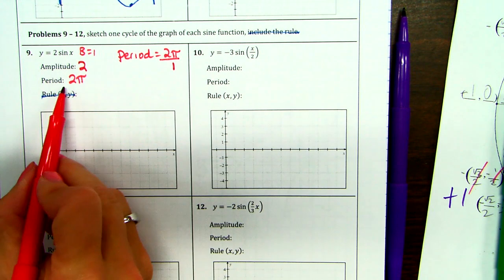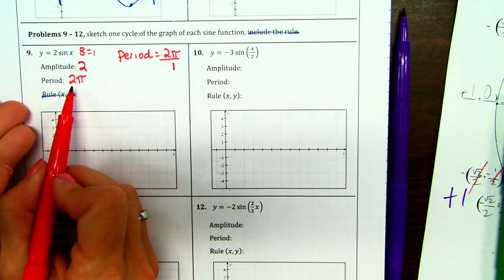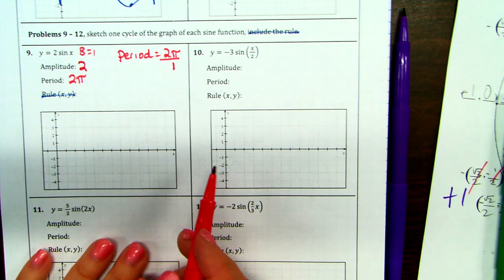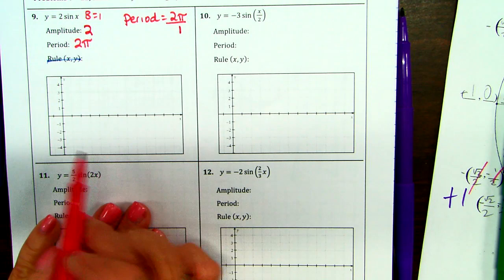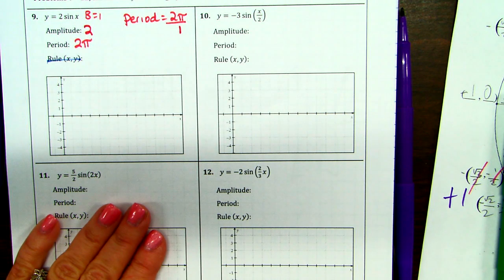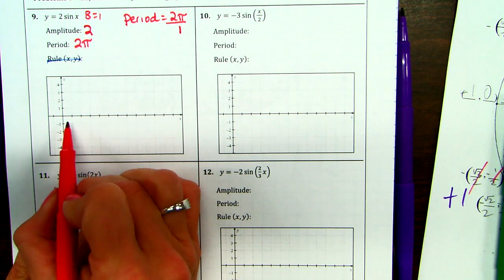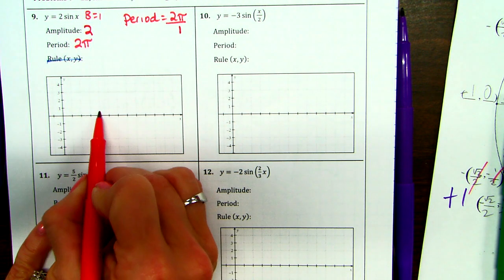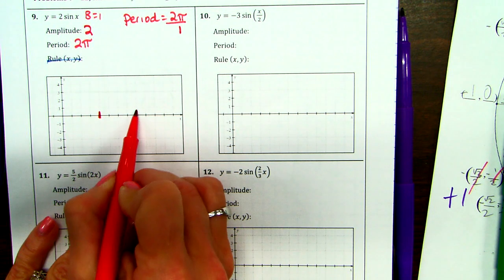Okay? So why do we even need to know the period? Because we need to know, like I was just saying to Imelda, how far out to go. Here's my tip for you when you have to break up the x-axis. Break it up in even numbers. Since I have so much room, I'm going to go out like 4. 1, 2, 3, 4.